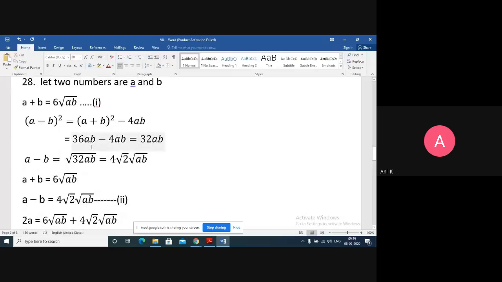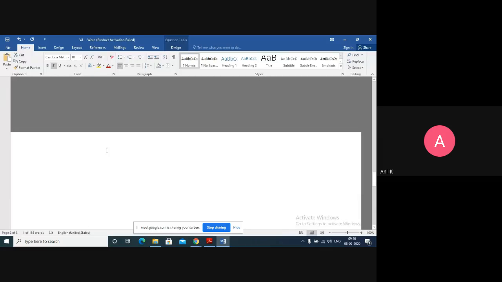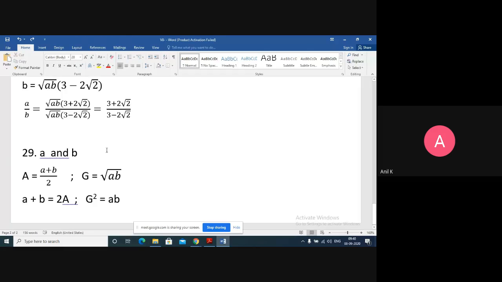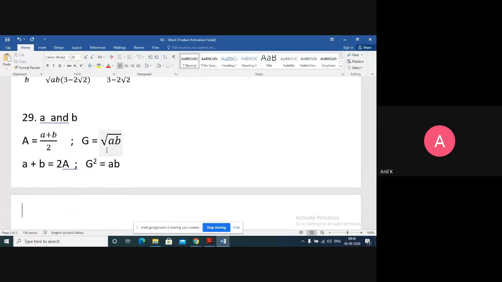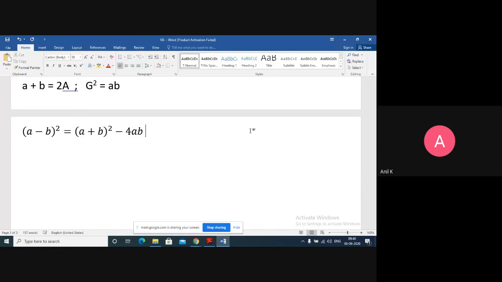To find it, I'm going to take the same formula which we used in the previous step. (a minus b) whole square equals, substituting a plus b as 2A, 4A square minus 4ab, that is 4G square. Then you'll find the a minus b value.